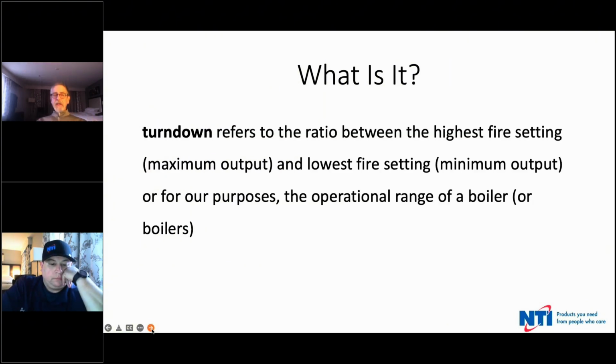So turn down is basically the ratio between the highest fire setting and the lowest fire setting, or in total, the operational range of a particular boiler, or in a cascade system, a number of boilers.